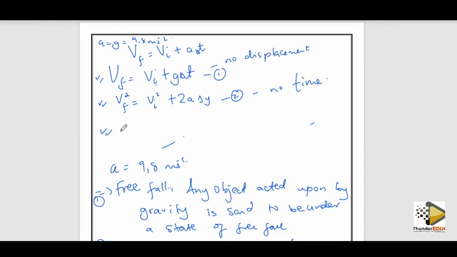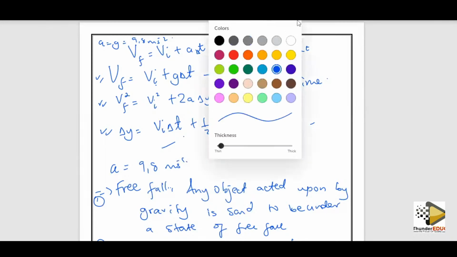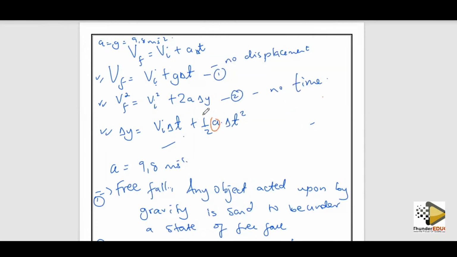And then lastly, we have change in y, delta y, is equal to Vi times delta t plus a half a delta t squared. But what we are saying is that in most cases, a is going to be replaced with g.